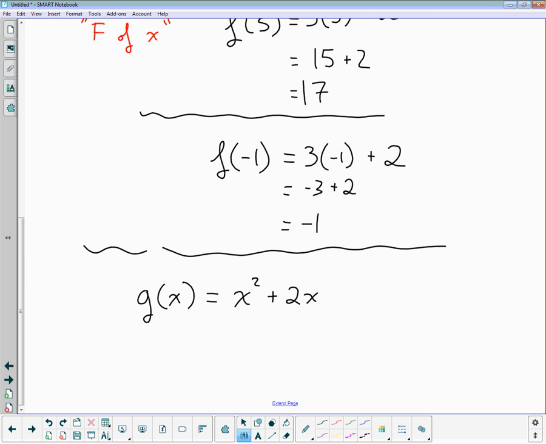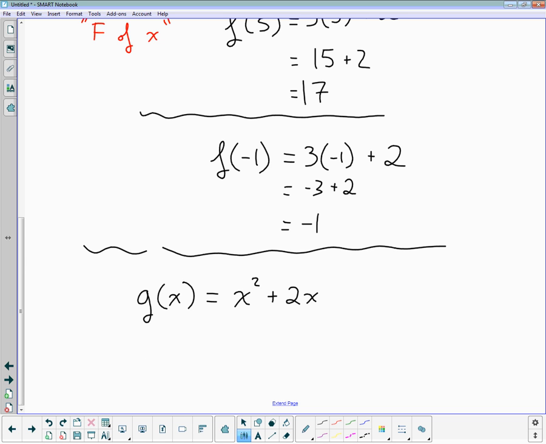Here I have x's popping up in more than one place. And now, by the way, notice that I'm not using f right now. I'm using g. I don't want to confuse it with the f that I used before. This is a different problem. And the name of it doesn't really much matter. It's just so that we can say this function versus that function versus the other function, and tell the difference between them all.